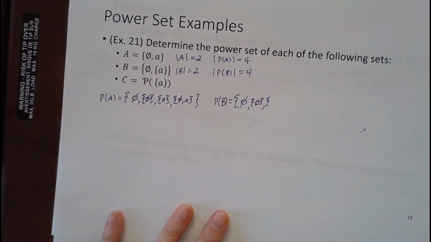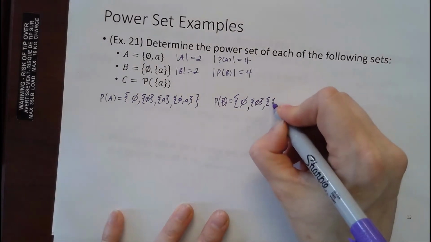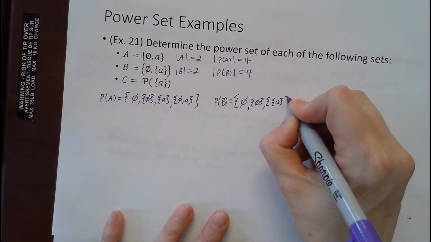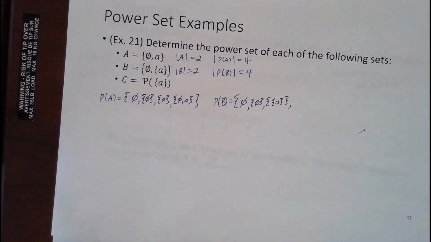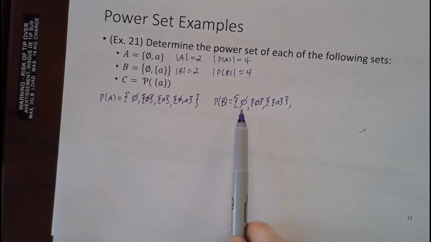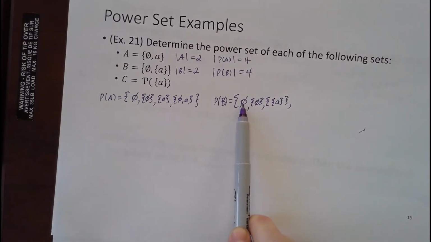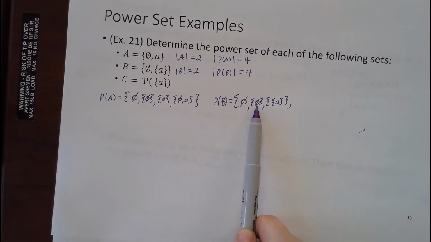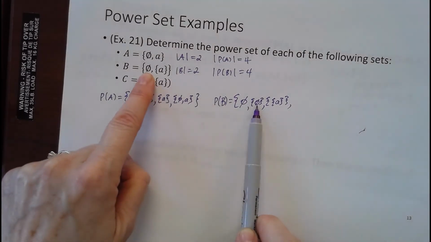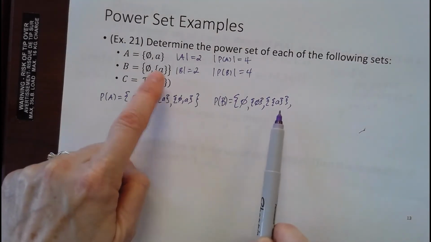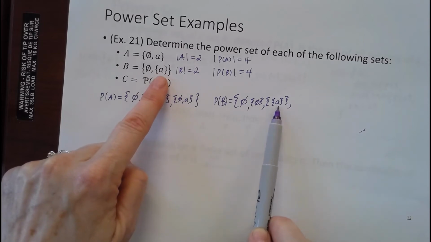The second element is a set, so the element in this set is a set containing A. Notice the squiggly brackets there. I have a set that contains nothing, I have a set that contains this set that is an element, and I have a set that contains this other set that is an element.